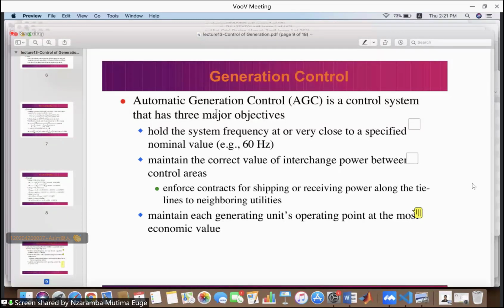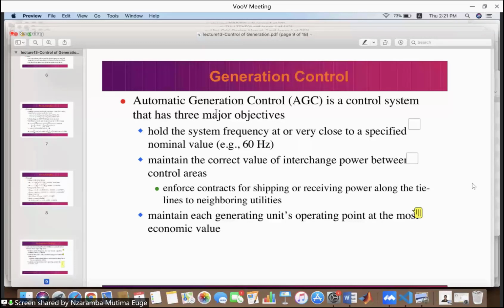Automatic generation control has three major objectives. First one is to hold the system frequency at a specified normal value, for example 60 Hz.